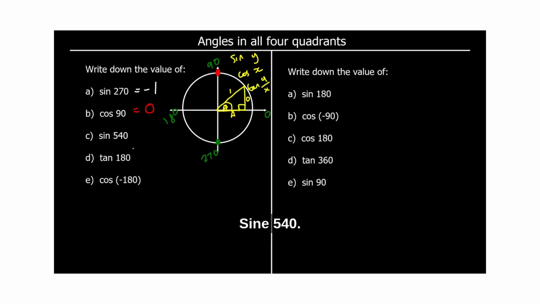Sine 540. So 0, 90, 180, 270, 360. And then it'd be 450 will be back to 90. 540 will be the same as 180. So if we're at 180 or 540, sine is the y-coordinate.